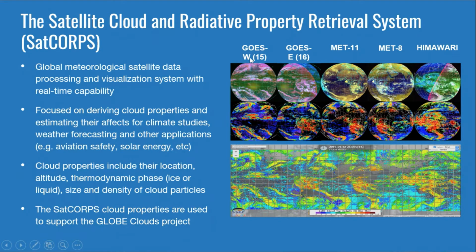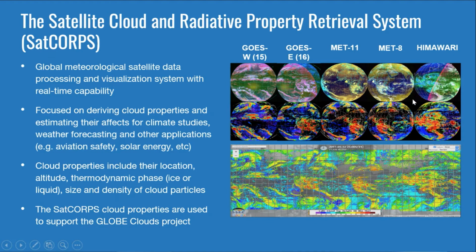As shown on the figure here, there's the GOES 15 satellite, which has since been replaced by GOES 17, and it covers the Pacific Ocean. The GOES 16 satellite covers North and South America. Meteosat 11 covers Africa and Europe. Meteosat 8 covers Western Africa, India, and Asia. And then the Himawari satellite covers Australia, the Pacific Ocean, and parts of Asia as well.